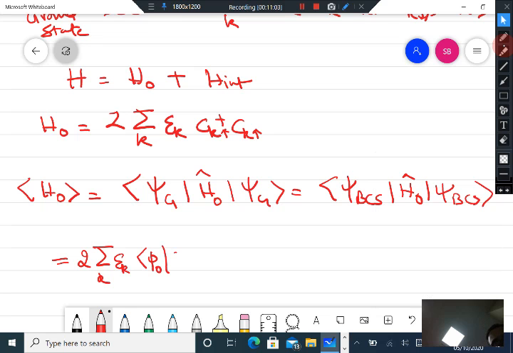Now this is where there will be quite a bit of, there will be significantly long terms, and we will have to manipulate them using the anti-commutation rules. So let me try and do this a bit slowly.